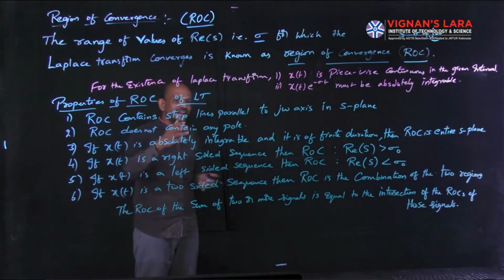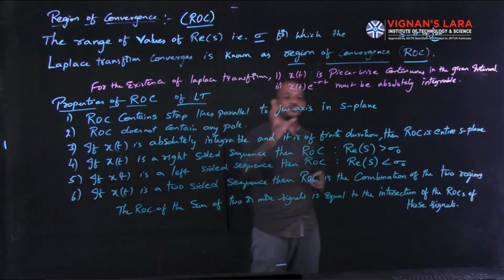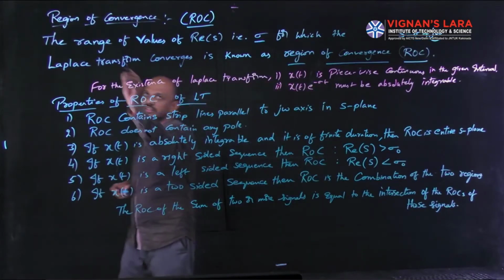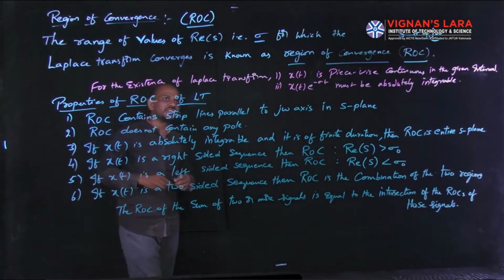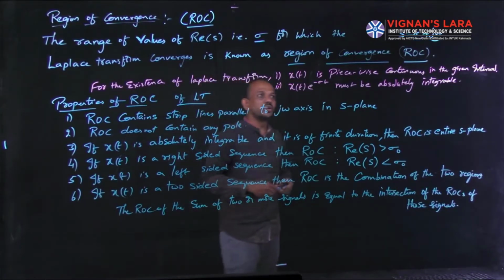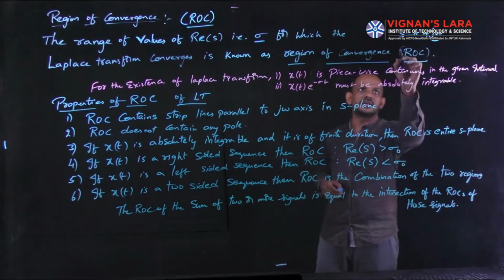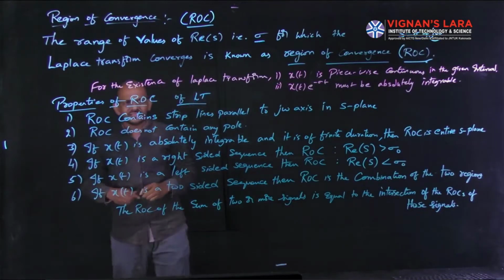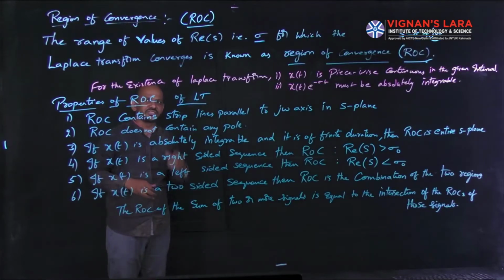Here that convergence is based on the values of sigma, nothing but the real part of S. So hence I conclude the range of values of the real part of S, that is sigma, for which the Laplace transform converges is known as the region of convergence. Simply it is ROC. That is what a region of convergence is.